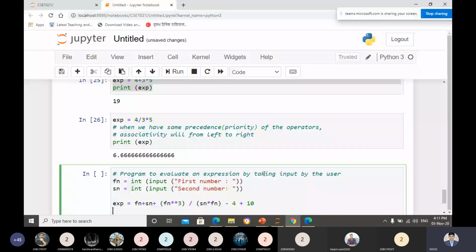Okay, this could be an expression, am I right? For simplification, I'm making a gap between all these operators. Can we say this is an expression?